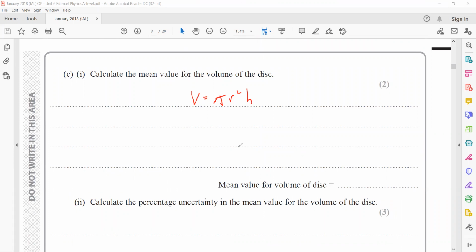So 3.14 multiplied by r, which is the radius, but the diameter is given, which is 35.2. So we have to convert diameter into radius. 35.2 divided by 2, that will be radius. And the average height was 1.55. If I'm not converting the unit, the final answer will be in millimeter cube.